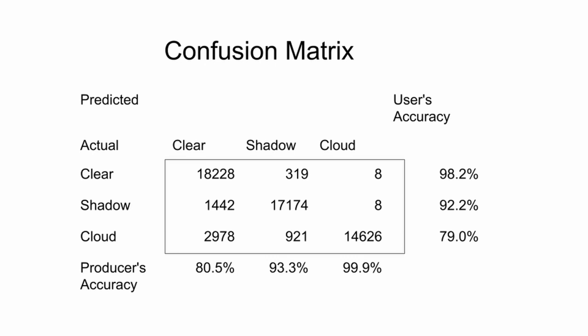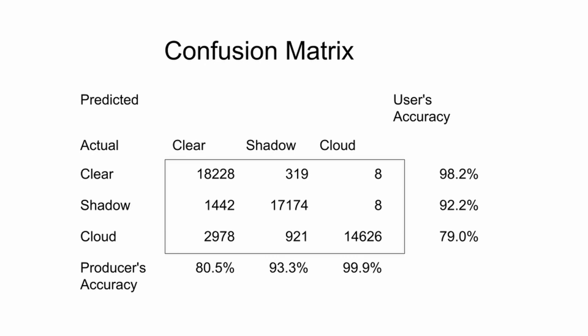Now here you can see that we have a 3 by 3 matrix, and the columns represent the predicted classes, and the rows represent the actual classes.